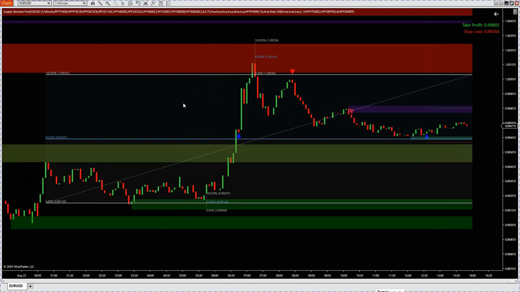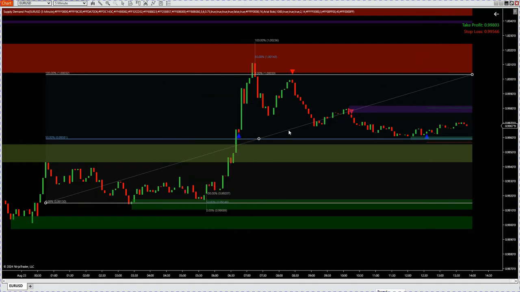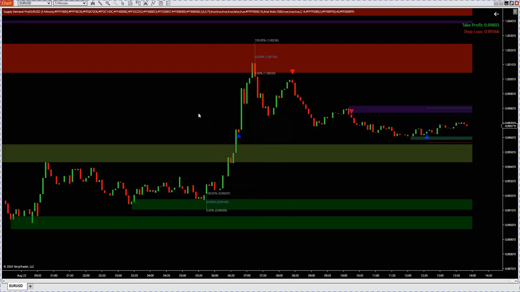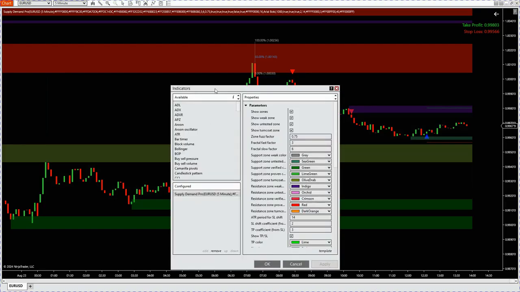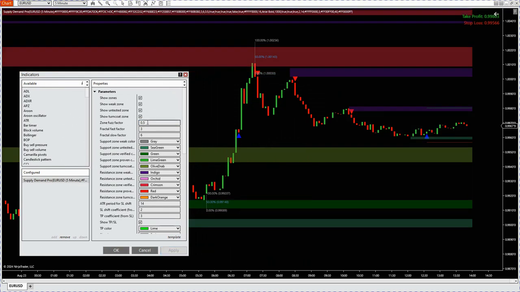I'm going to go into the indicator settings and adjust them down a bit, let's go down to 50, so that we can adjust them to work better with the 5-minute time frame.